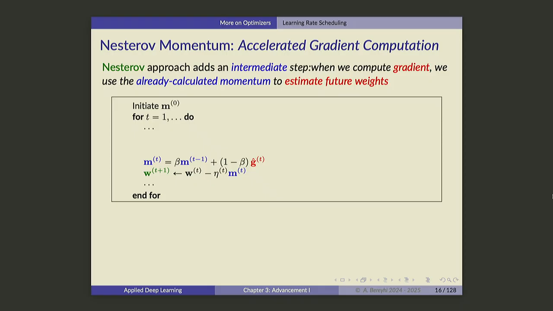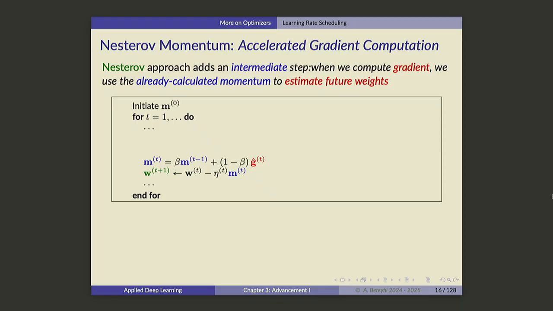So what is going to happen? If I replace m t with this form inside the expression of the gradient descent update, my w t plus 1, setting the learning rate to 1, so this is m t only, is going to be w t minus beta m t minus 1 minus 1 minus beta g t.